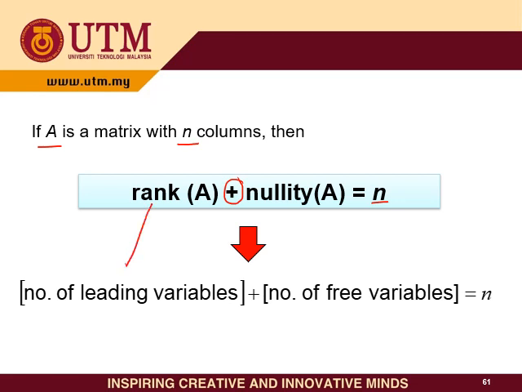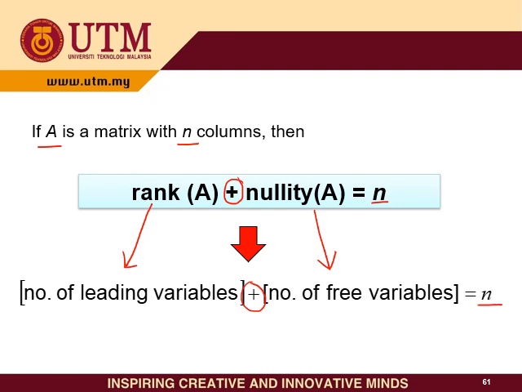Rank, as we know, is the number of leading variables. So how many leading ones we have, alright, leading one. And then nullity is the number of free variables, free parameters. Okay, if you add both, you should get your n for your matrices.